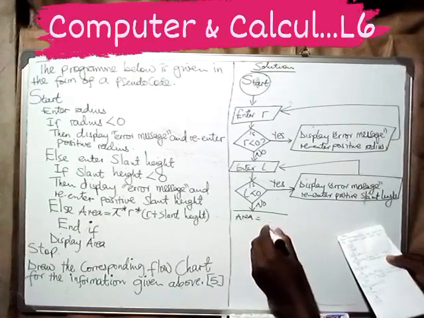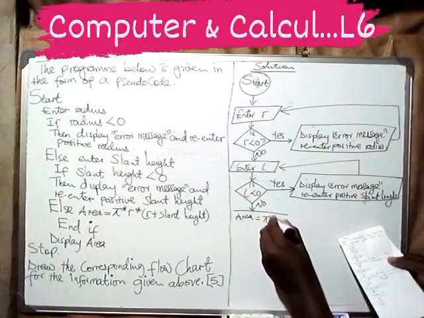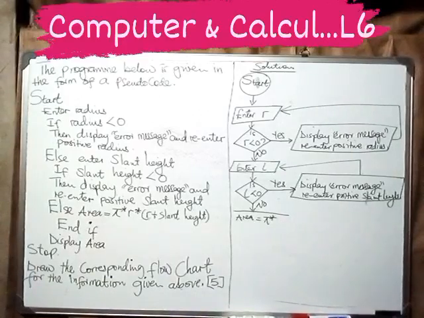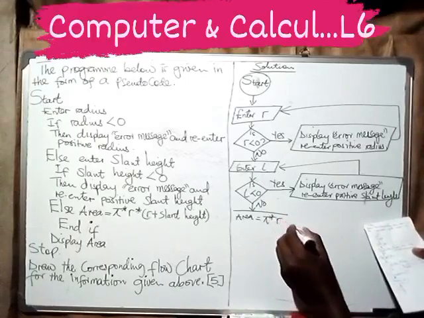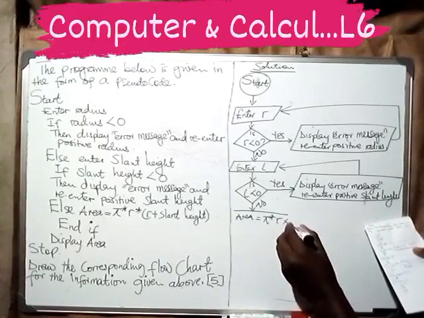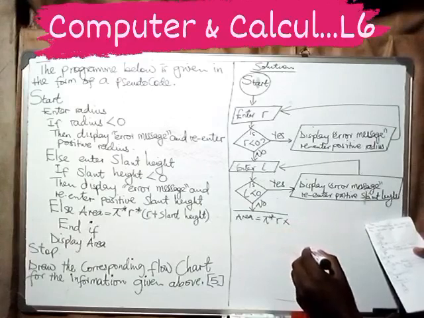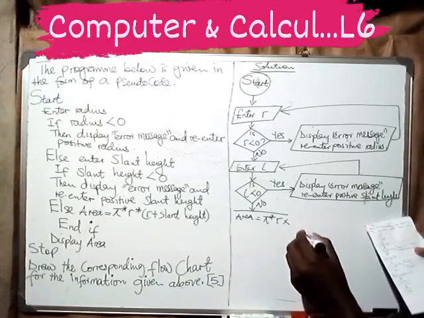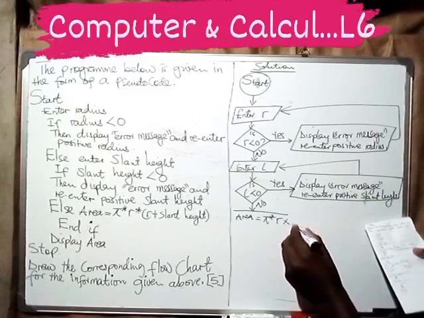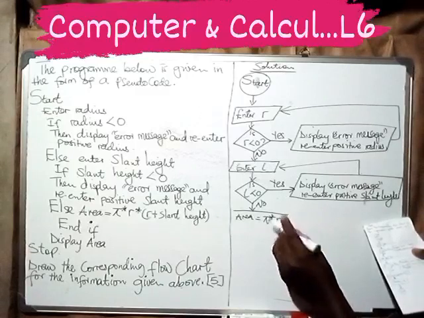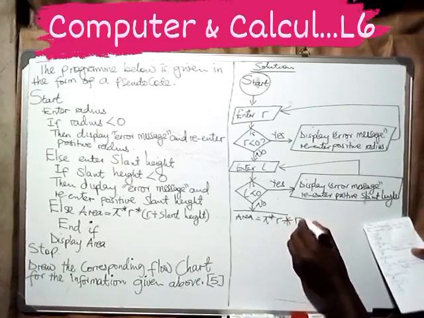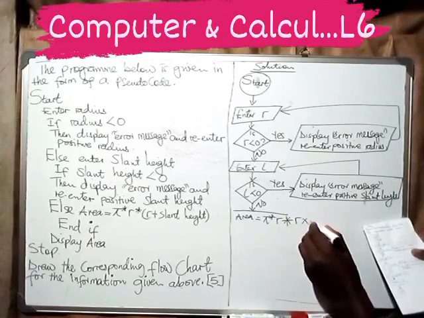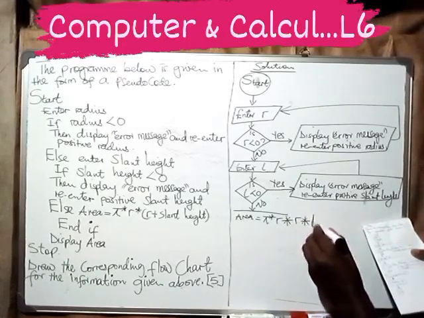Else area is equal to pi multiplied by r, which is multiplied by another r, then multiplied by the slant height.